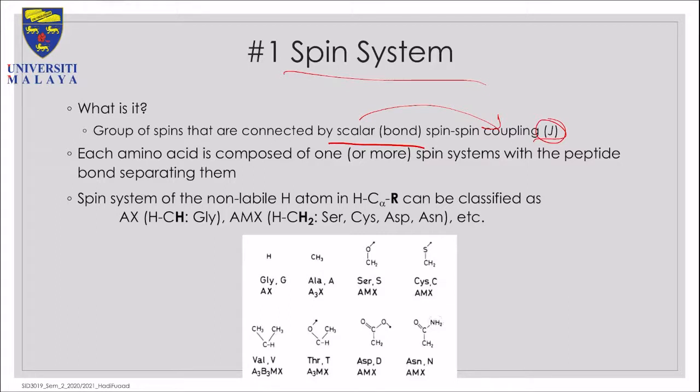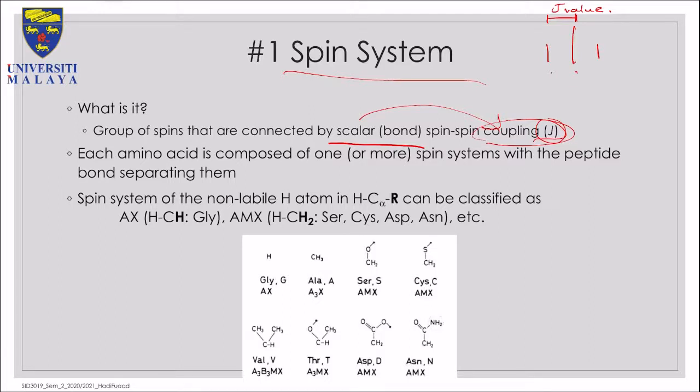The J values that you normally see, if you have a triplet, for example, you can analyze the J value between the peaks of an NMR, and from the J value you can see whether it's vicinal or geminal protons. So this is what J coupling is. What you are looking at is a connectivity of these protons that have the same spin system.